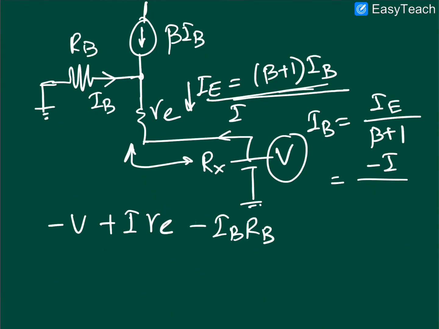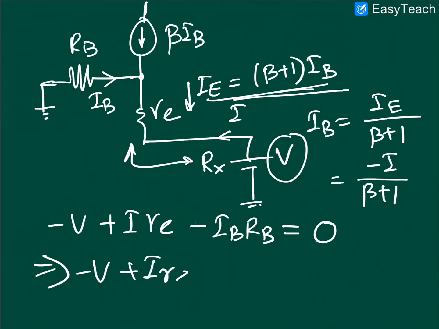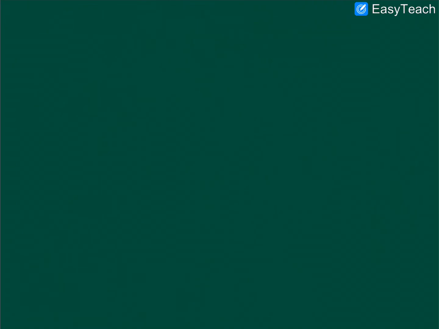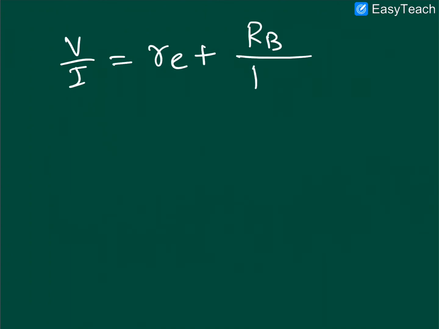So IB is basically minus I divided by beta plus 1. So you can write minus V plus I RE, plus I divided by beta plus 1 times RB, that is equal to 0. So what is V by I? V by I is basically RE plus RB divided by beta plus 1.